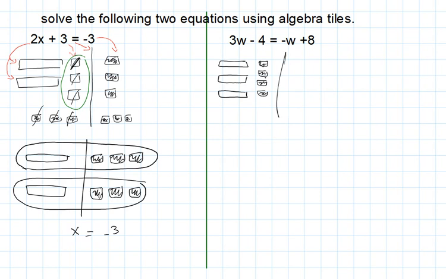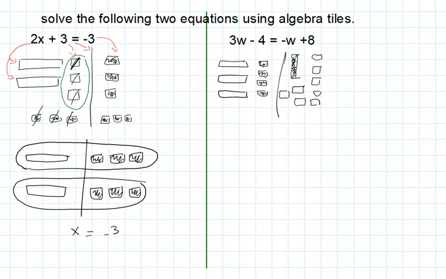So I'm going to put this one vertical here. You don't have to, but you can use it vertical or horizontal. It doesn't really matter. It doesn't make a difference. And 8 positive ones. 1, 2, 3, 4, 5, 6, 7, 8. Okay, so that's the first step.